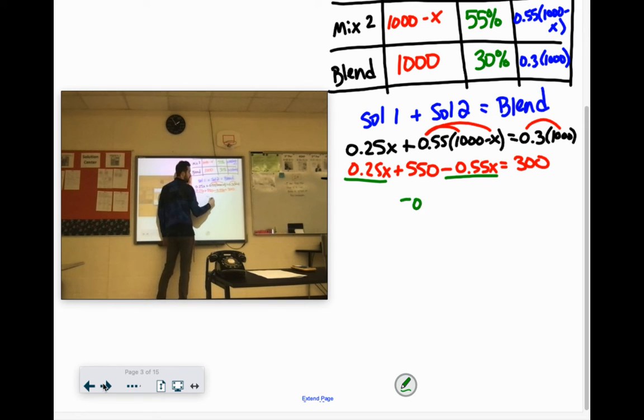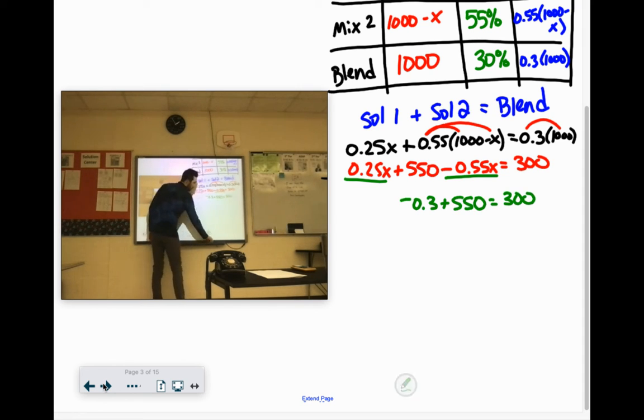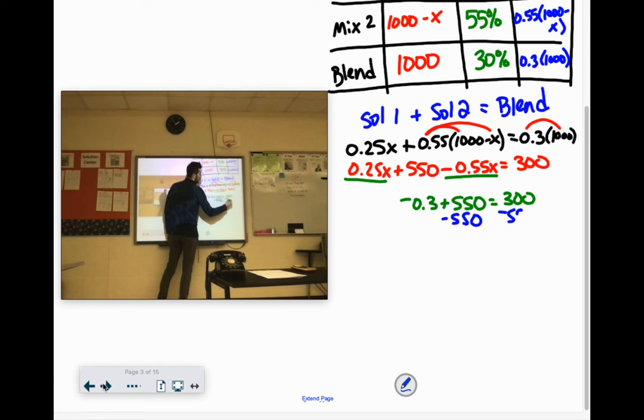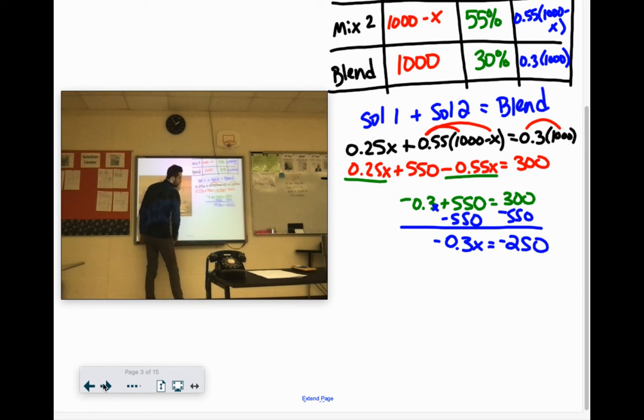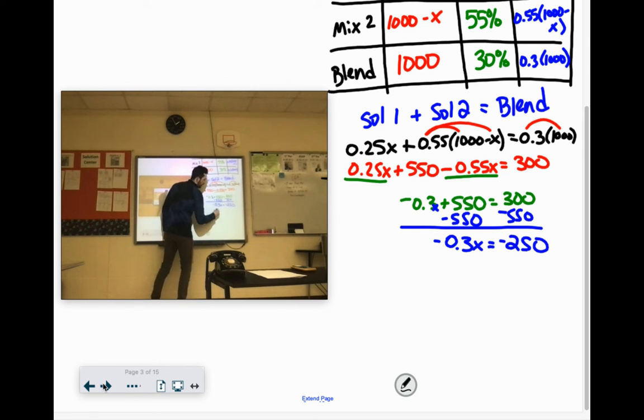So negative 0.3x plus 550 equals 300. Get rid of 550 by subtracting it. Negative 0.3x, oops, I forgot my x up there, equals negative 250. And then we'll divide that by negative 0.3.